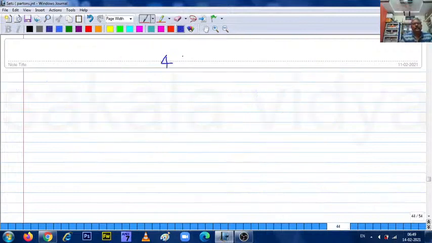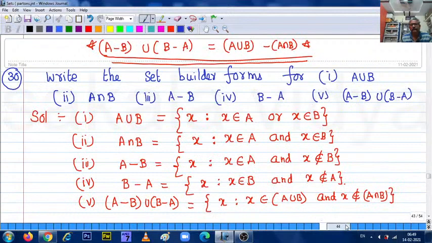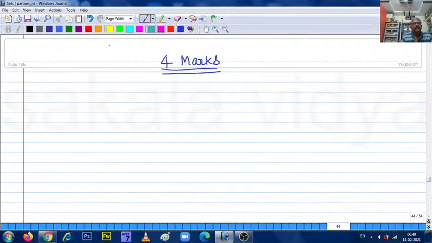Now 4 marks problems. See, 31st problem.